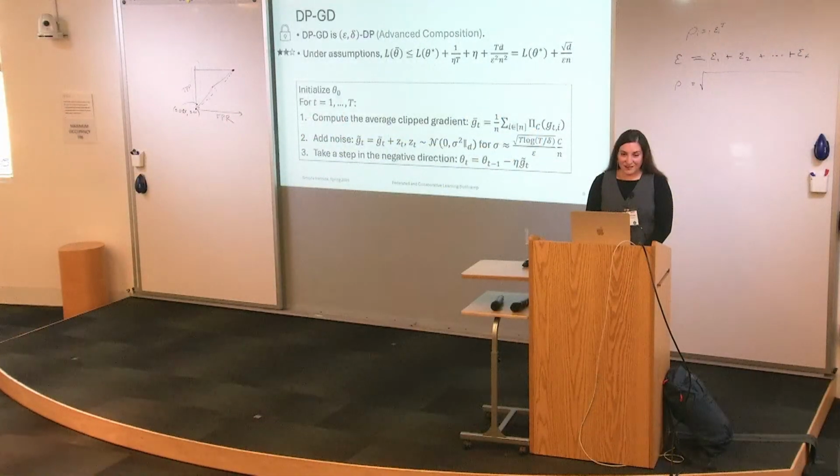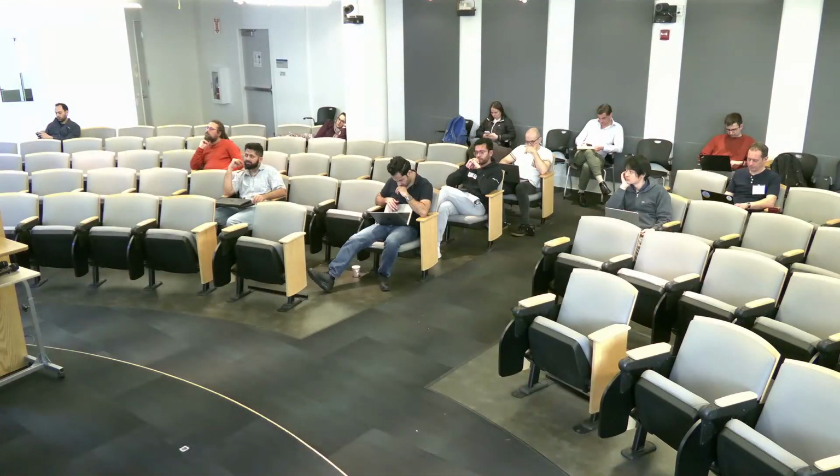If all the gradients are under C, like L2 norm C. I see, so you need almost bounded gradients. Yes, or some other equivalent notion, like bounded domain and Lipschitzness.